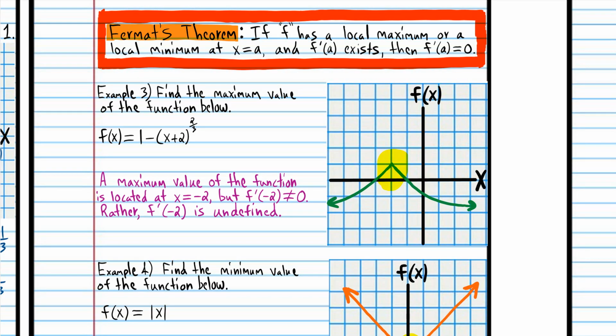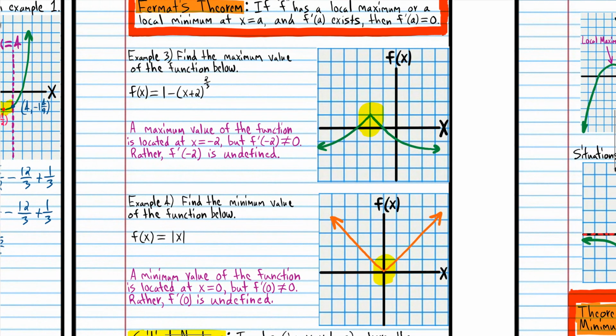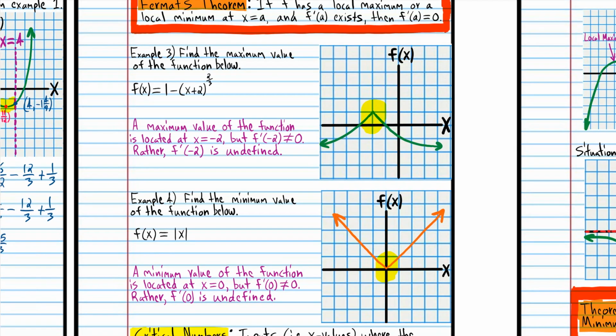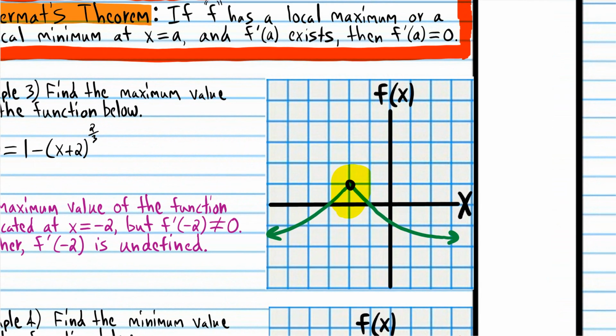When can we have a maximum value or a minimum value of a function where the derivative doesn't exist? Well, we talked about those situations in the previous class. Here, notice that this point is actually a point that has the absolute maximum value of the function. The y value of this point is the absolute maximum value of the function.